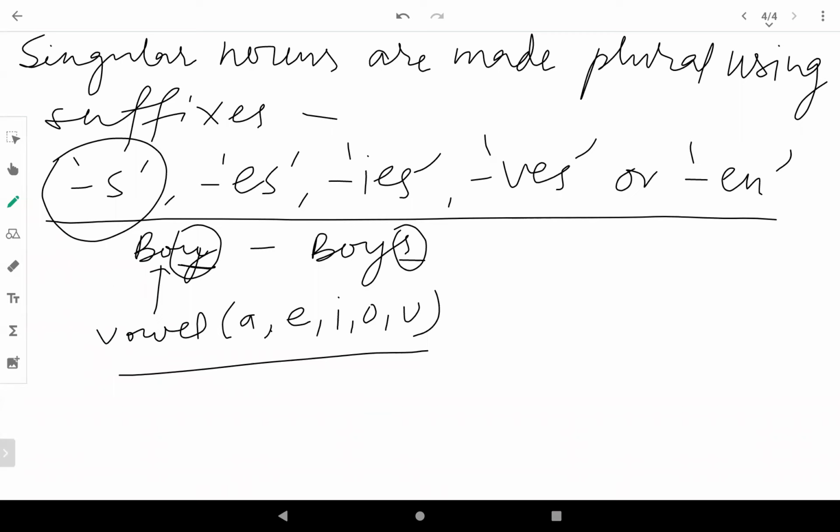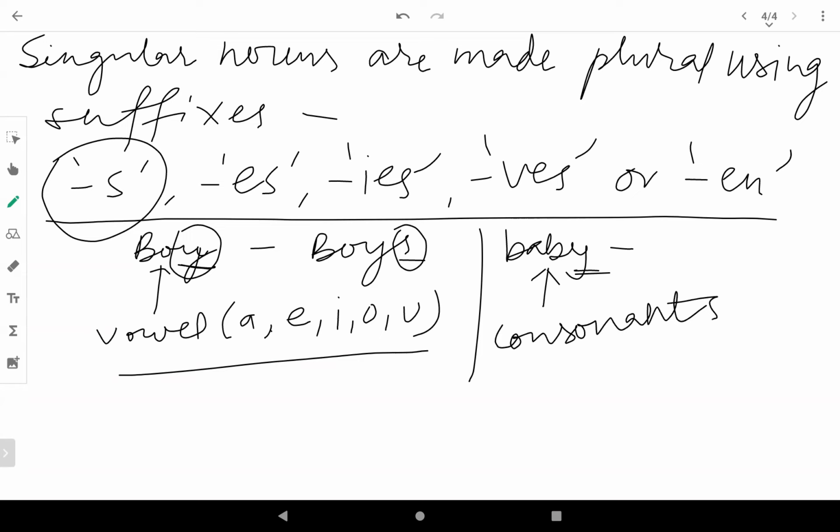If there is a vowel in front of y, for example in this word boy, it simply takes s to make it plural. But compare this with the word baby. Here the y is preceded by a consonant. The rest of the alphabets other than A, E, I, O, U are consonants.